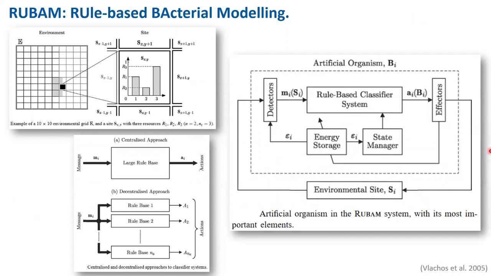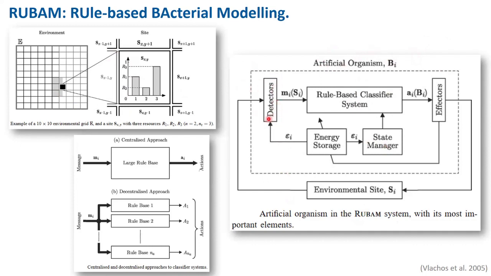So the very simplest model is this rule-based bacterial modeling. Basically, as I said before, you have a grid with certain environments, so you can set the resource levels for each grid separately. And then you have artificial organisms or agents that sense the environment.